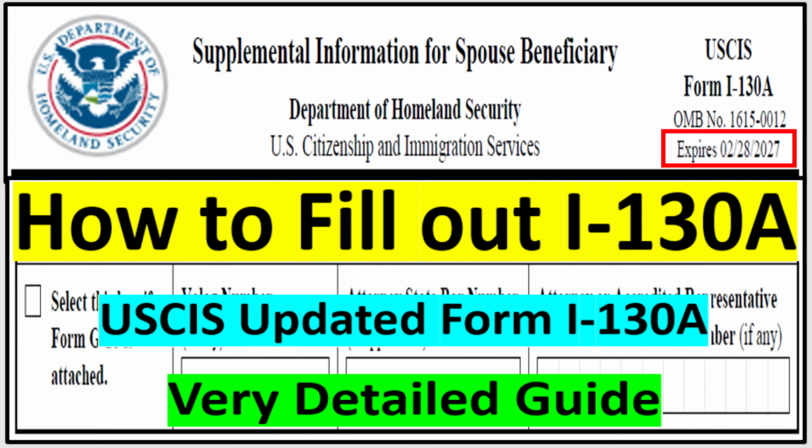Do not file the old version of I-130 and I-130A. If you file the old version, it will be rejected. You must file the new version that expires on February 28, 2027.